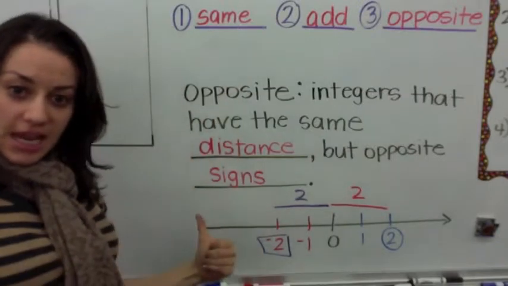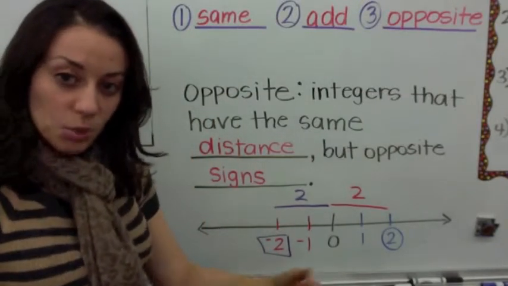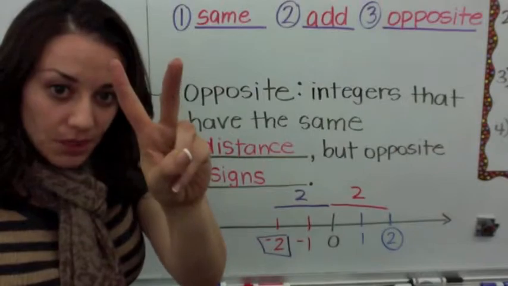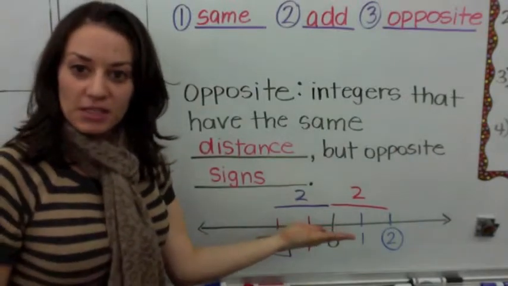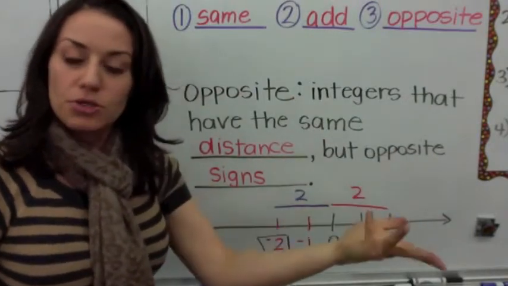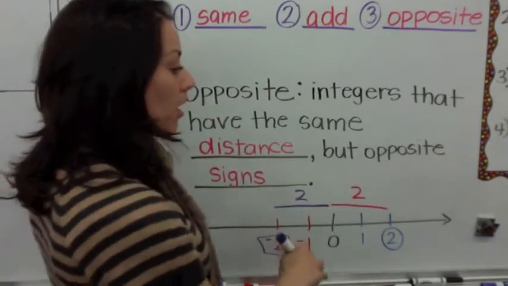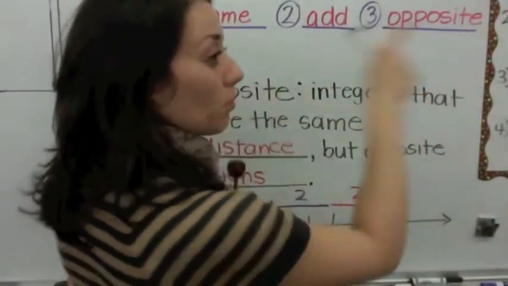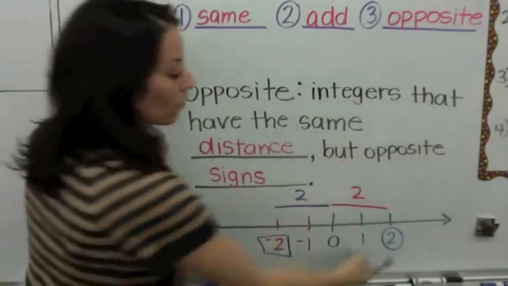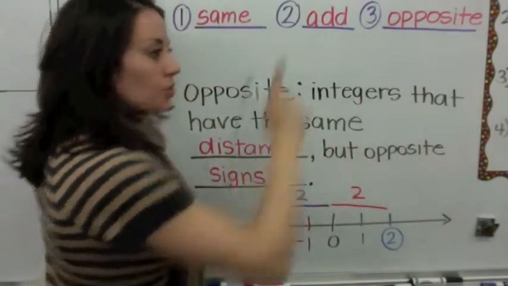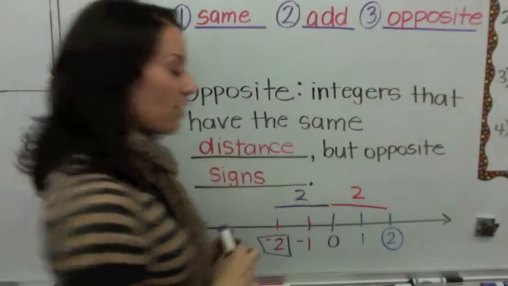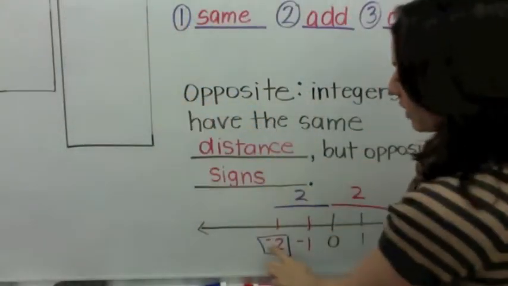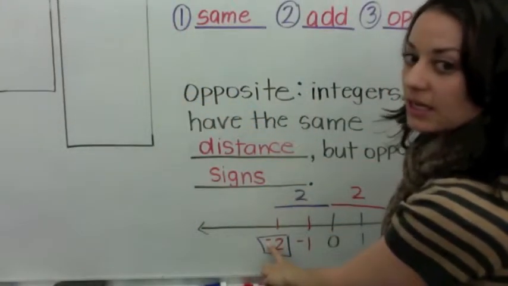From 0 to negative 2 is also 2. It's the same number of jumps. You jump 2 times, either to the left, negative, or to the right, positive. When you jump to the left, you have what sign? Negative.